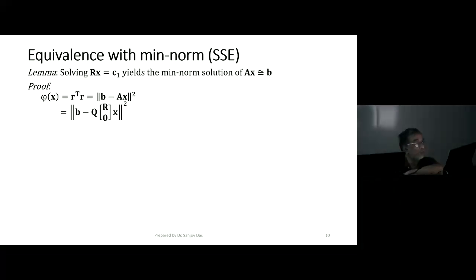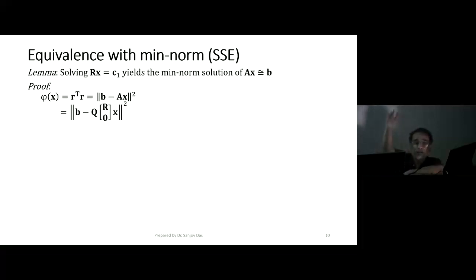So, proof. This is what we want to minimize when we are looking for the min norm solution. Min norm solution or minimum sum square error solution, right? So this is the sum square error, which is equal to the min of the norm squared of B minus Ax, which is equal to, let's look at the full QR decomposition.